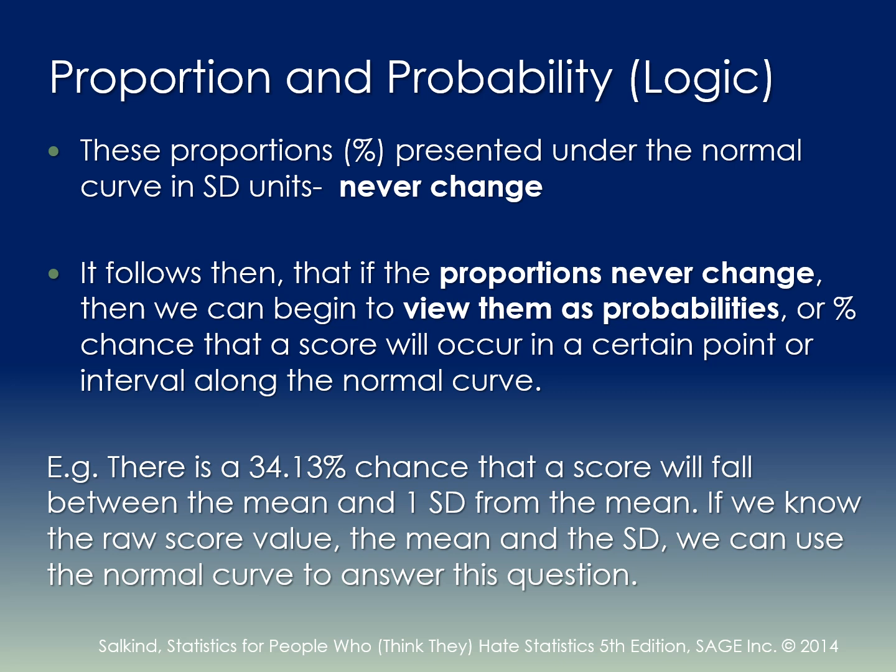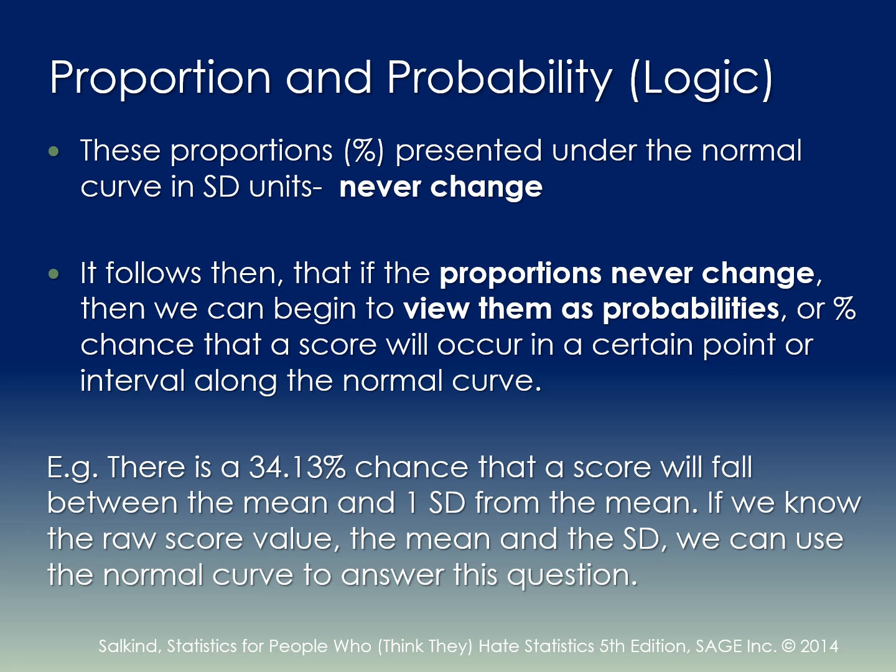So as I stated previously, the proportions, in terms of percentages, presented under the normal curve in standard deviation units, they never change. So it follows then that if the proportions never change, then we can begin to view them as probabilities, or the percent chance that a score will occur either at a certain point or within a certain interval along the normal curve.